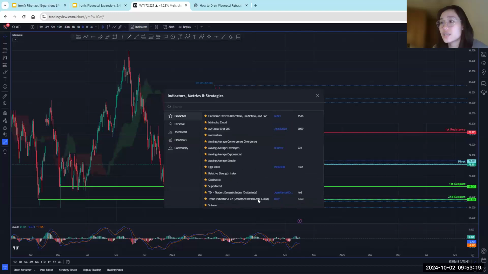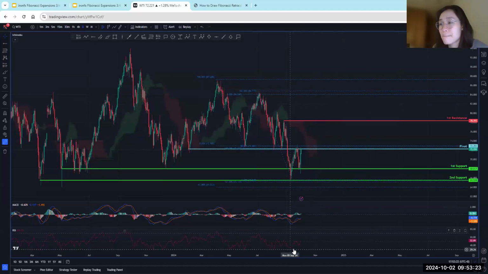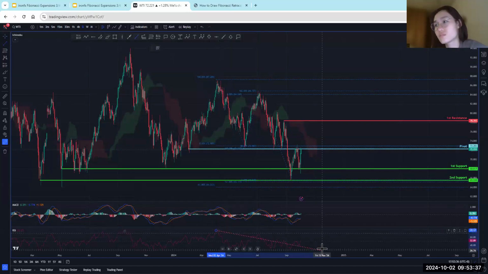If we look at RSI, okay, RSI isn't telling us much here, so I'm gonna remove that.